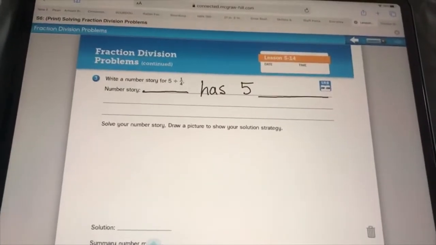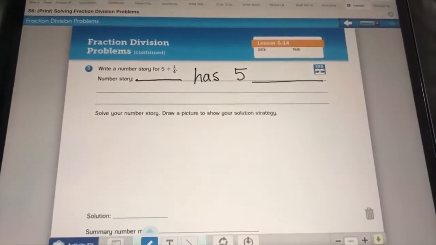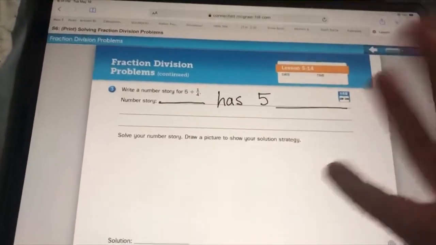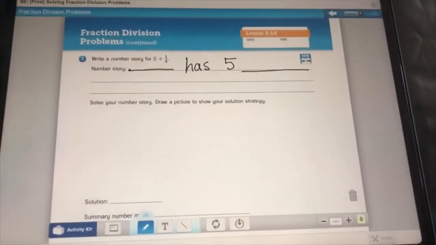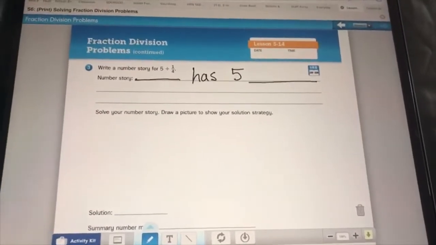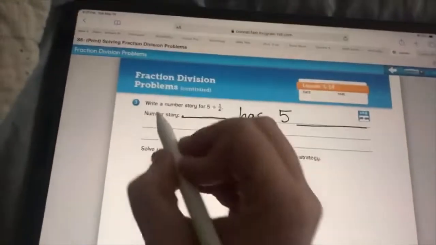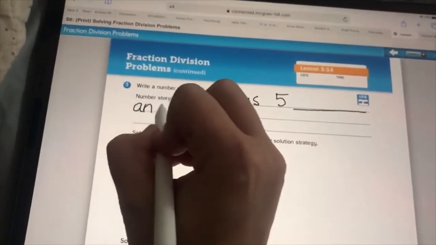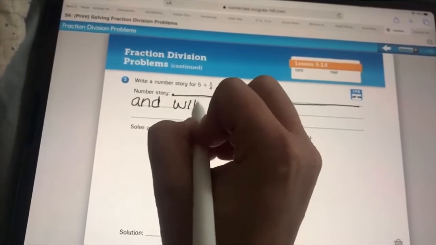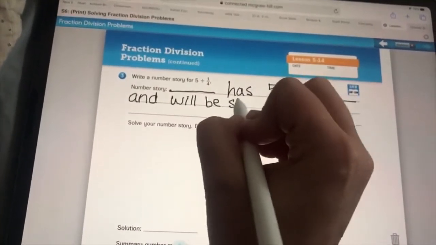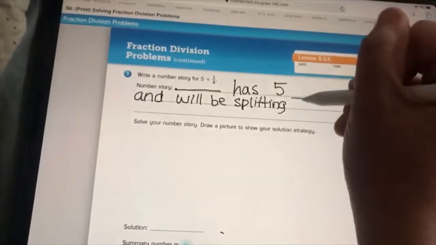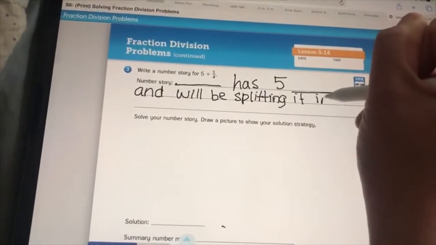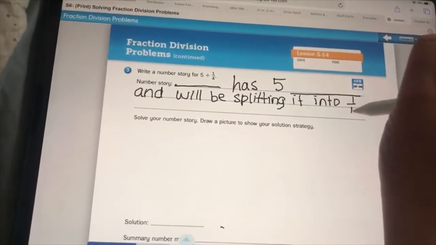SpongeBob, Tyler, Miss Eden, Miss Webster, Grant, whoever has 5 watermelons, pizzas, cakes, cookies, whatever, large cookies, right? And will be splitting it into 1/4.